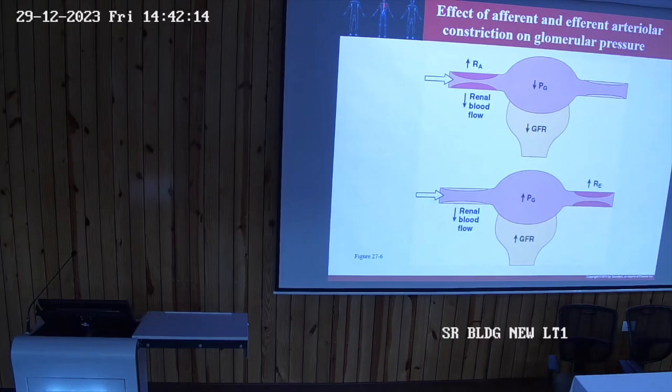सारांश? हाँ सारांश, क्या होगा अगर अपन इफरेंट आर्टीरियल का रेजिस्टेंस बढ़ा दें? इफ देयर इज इंक्रीज इन द रेजिस्टेंस ऑफर्ड बाय इफरेंट आर्टीरियल, क्यों? रीनल प्लाज्मा फ्लो कहाँ बढ़ जाएगा? रीनल प्लाज्मा फ्लो लूप ऑफ हेनले में कहाँ आ रहा है बच्चे?